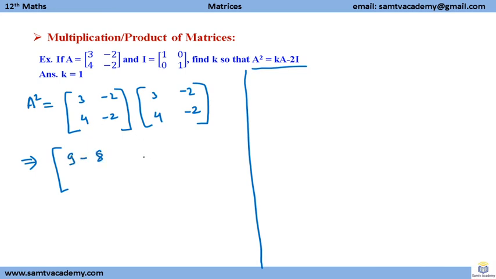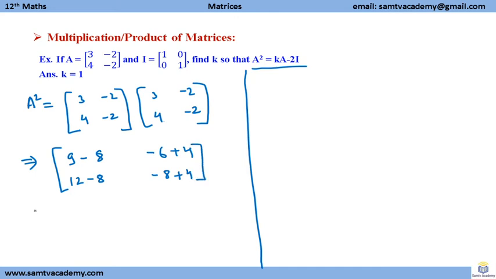Next is 3 twos are 6, multiplying 3 into 2, this column. So we will get minus 6 and 2 twos are 4 plus 4. This is 4 threes are 12 minus 8. Here we will get 4 twos are 8, means minus 8 plus 4.